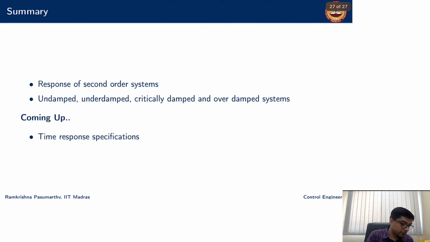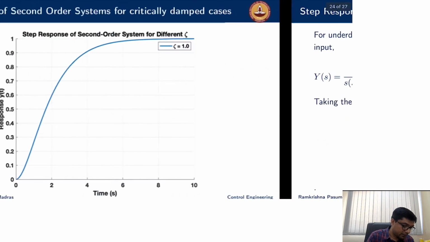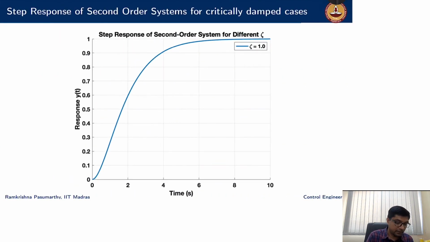Sorry, my slides jumped to the end slide. Maybe my system wants to go to sleep. It's tired already, but we'll not let it. We'll force it to not go to the last slide. So here, the system reaches the value of 1 and there are no oscillations.